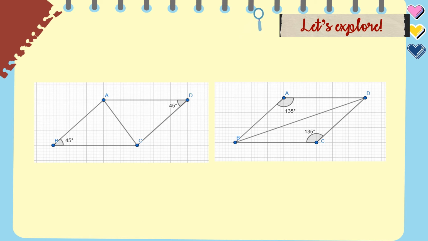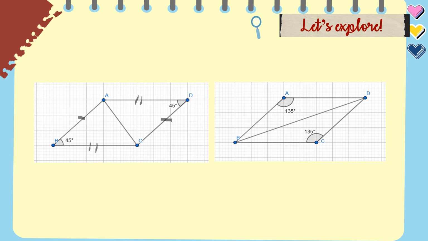We also know that side AB is congruent to side DC, and side AD is congruent to side BC.